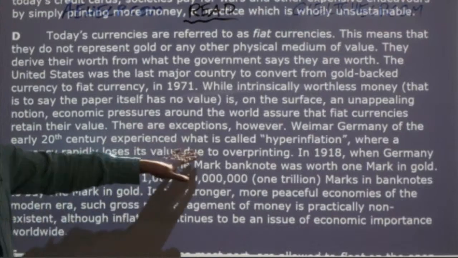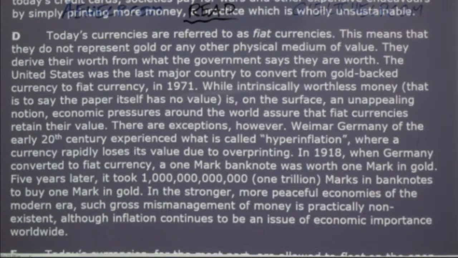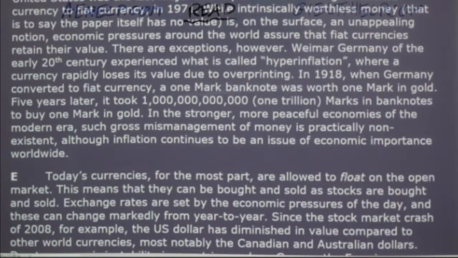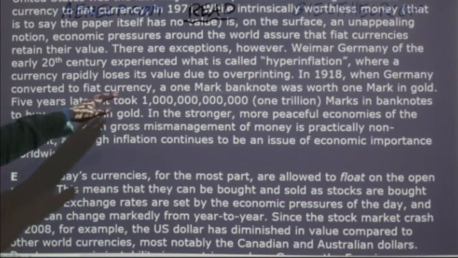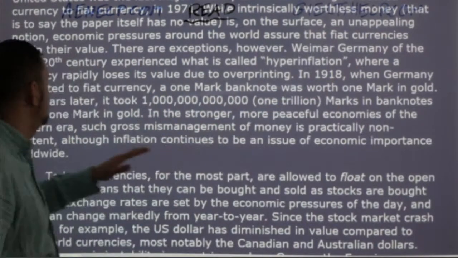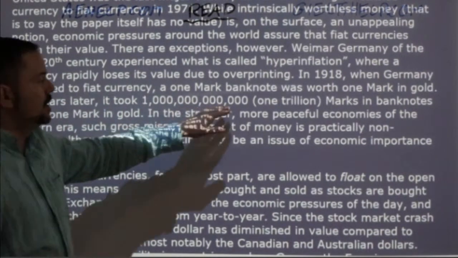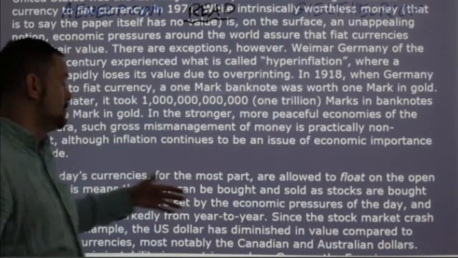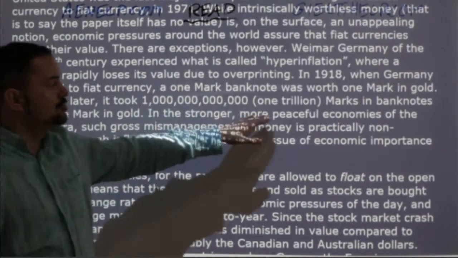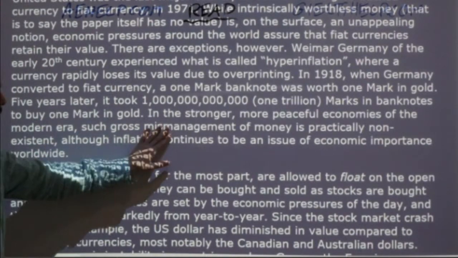There are exceptions, however. Weimar Germany of the early 20th century experienced what is called hyperinflation, where a currency rapidly loses its value due to overprinting. In 1918, when Germany converted to fiat currency, a 1 mark banknote was worth 1 mark in gold. 5 years later, it took 1 trillion marks in banknotes to buy 1 mark in gold.